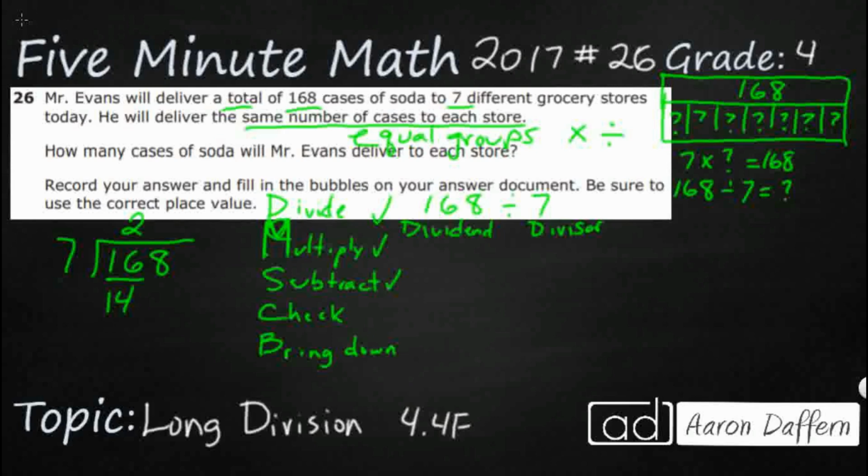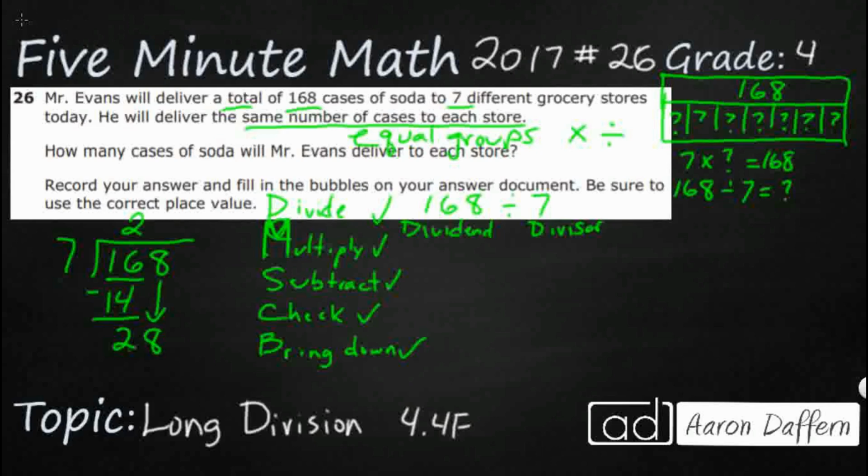Let's subtract. That's 2. Now here's the check. Is this difference 2 smaller than our divisor? It's got to be smaller than our divisor. If it's equal to or greater, we need to go back and divide again, and most likely we need to make our number up here larger. But 2 is definitely smaller than 7, so we're good to bring down our second number.